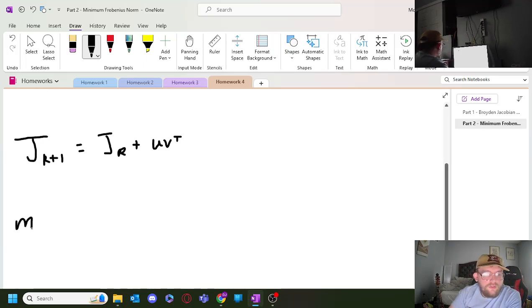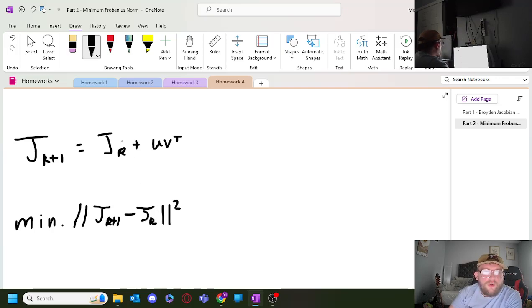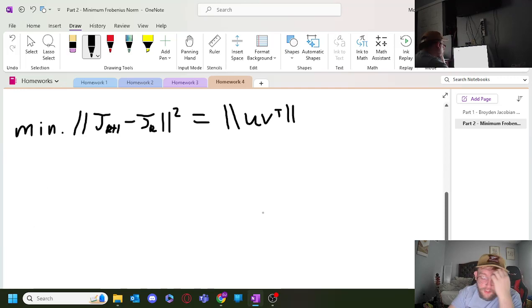So, we want to minimize this expression. We are also minimizing our two vectors for our update matrix.